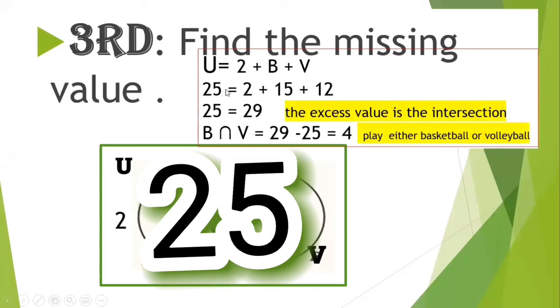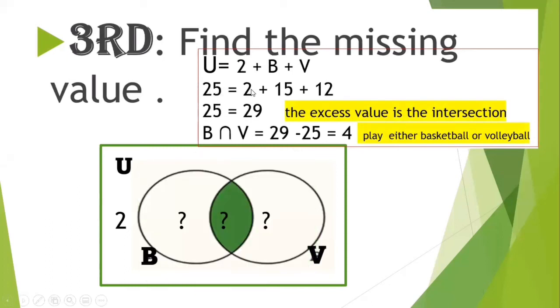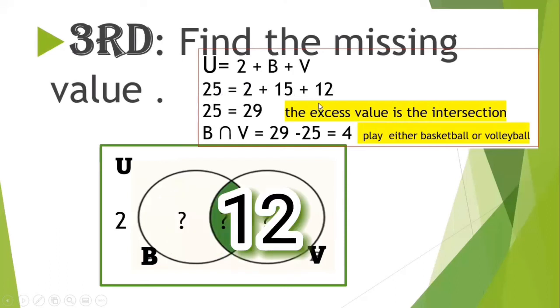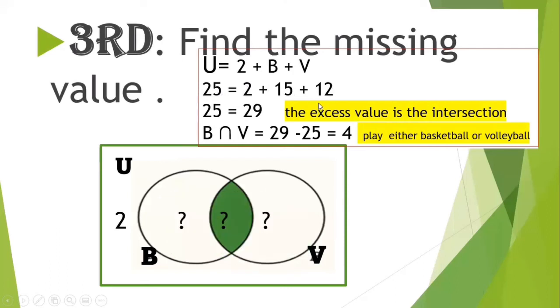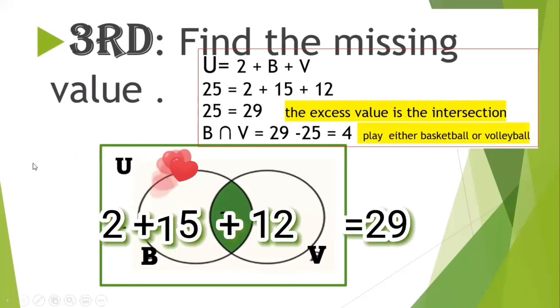So, ibig sabihin, ang nandito ay ang hindi naglalaro ng sports na 2, at ang naglalaro ng basketball na 15 at ang naglalaro ng volleyball na 12. So, we're going to add the given numbers, 2 plus 15 plus 12, that is 29.